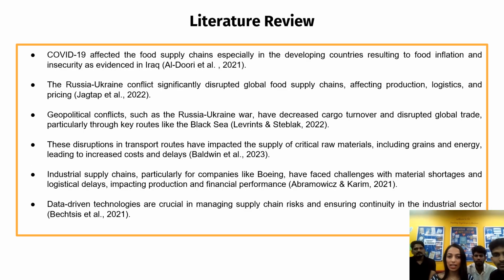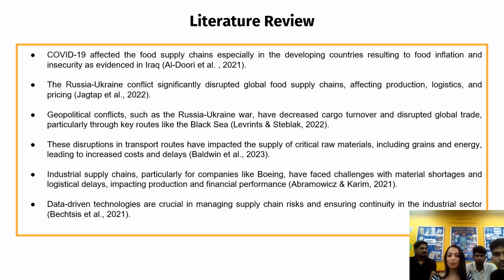The literature review highlights several key areas of concern related to global supply chain disruptions. The COVID-19 pandemic severely disrupted food supply chains, particularly in developing countries, where it led to inflation and increased food insecurity. This disruption was evident in countries like Iraq, where food supply chains faced significant challenges.